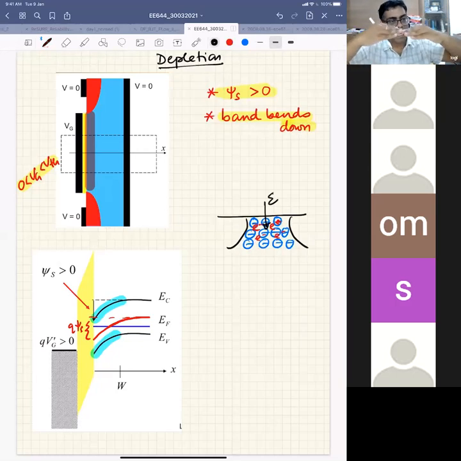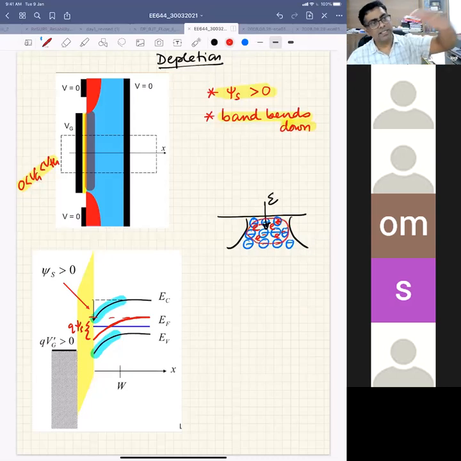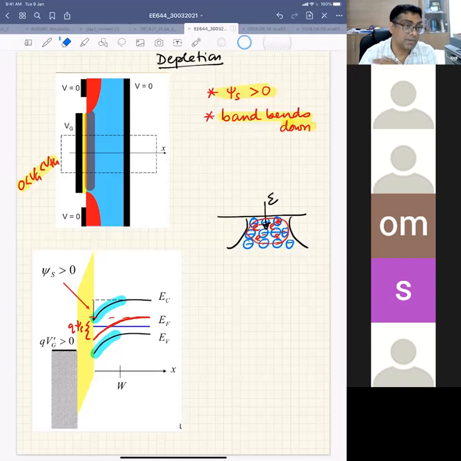For channel formation, the electrons are injected and they are collected at the surface because the field is high. Here the field is not very high, so the electrons are distributed, not right at the surface. The density of electrons is not as high as the total number of depletion charges. That's why the condition is depletion.